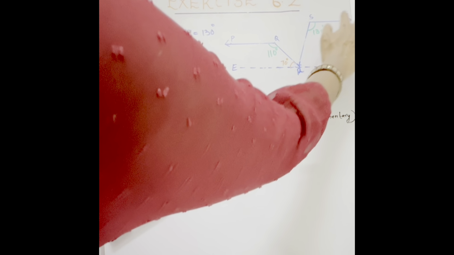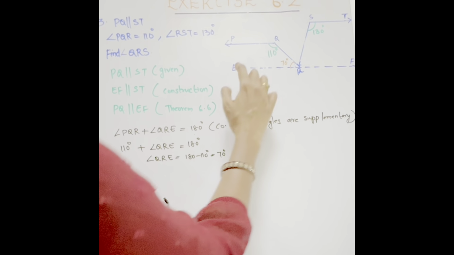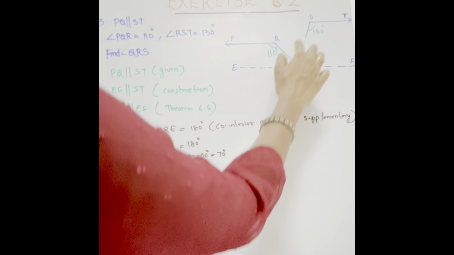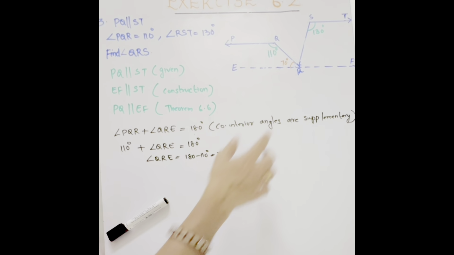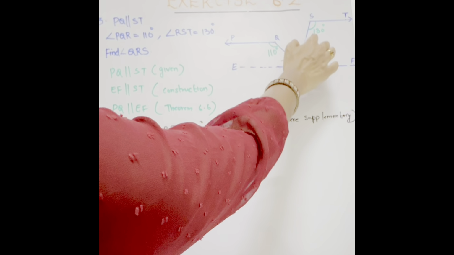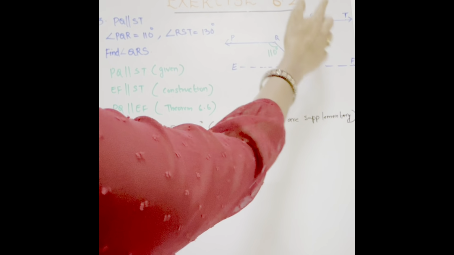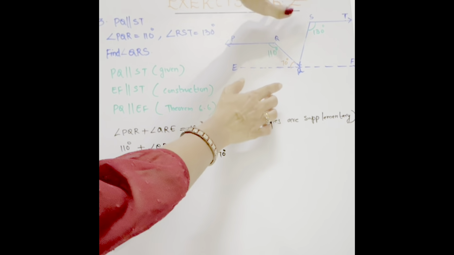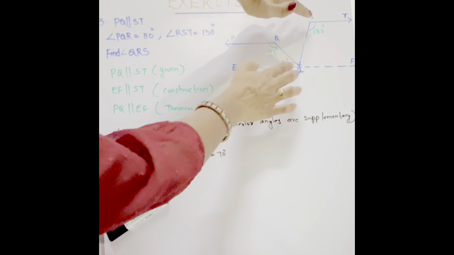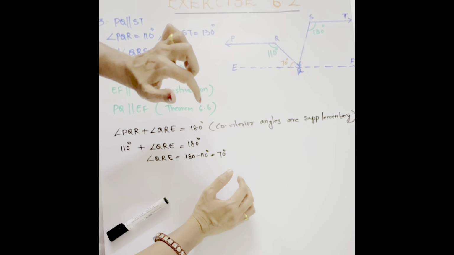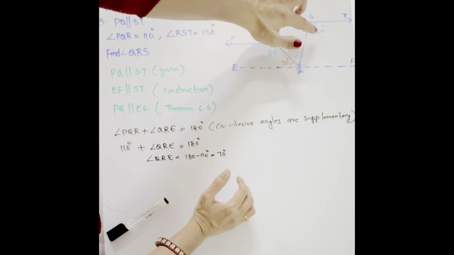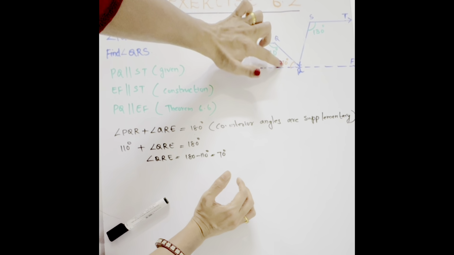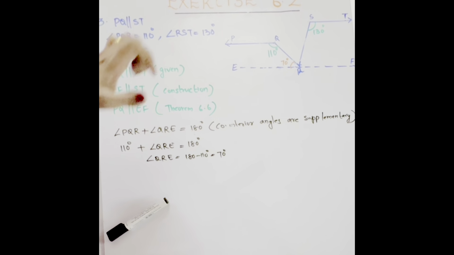Okay. Now we have another angle given, 130 degrees, and we have two parallel lines, ST and EF. Consider ST and EF. Is there any relation between these two angles? We have one interior angle here, which is given as 130 degrees. What about these two parallel lines, ST and EF, and the transversal? Can you say that this and this angle are alternate interior angles?